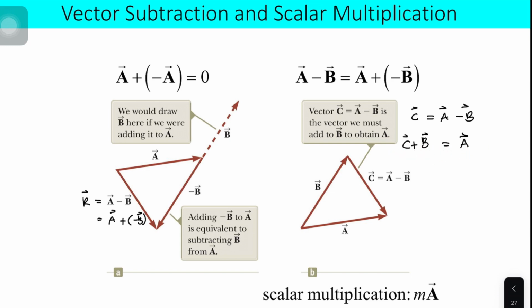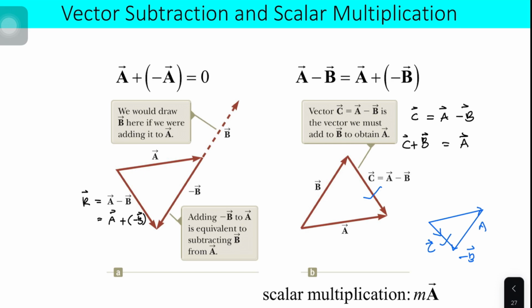So in terms of drawing, if we have A here and we have negative B here, let me show you. Initially you have, let's say, this is your A, and then you have negative of B. And for C, using the tail to tip method, here is your C. Similar to this one.